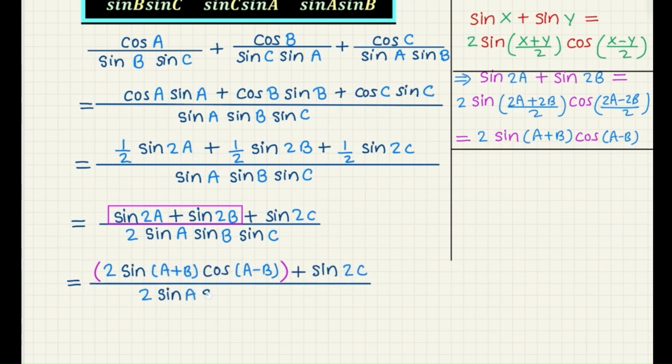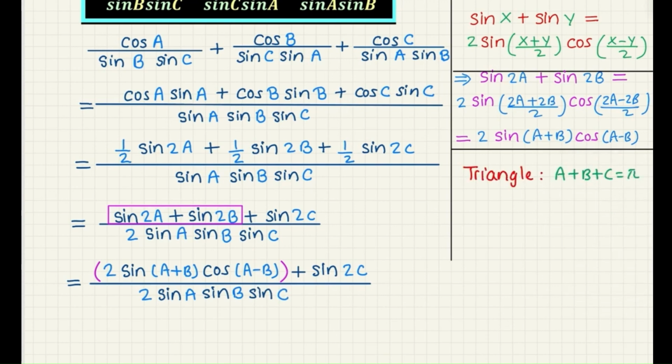How do we have 2 terms in the numerator instead of 3? Well, we have replaced the first 2 terms of the numerator, which were sin 2A plus sin 2B, by the product 2 sine of A plus B times cosine of A minus B. We'll next use the fact that the sum of the 3 angles A, B, and C for any triangle ABC equals what?